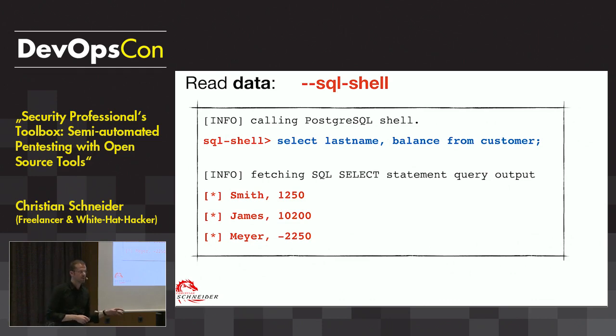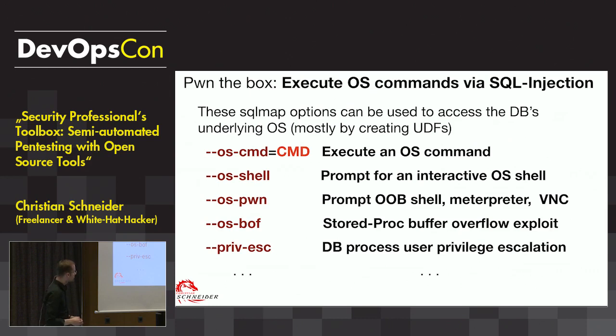When you think that's all SQL Map can do, it can even go further and beyond, being able to execute, or at least try to execute, commands on the database, actually on the Linux system or whatever system the database is running on, just by creating stored procedures or stored functions that then execute some kind of operating system command.